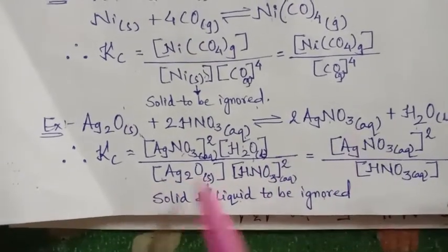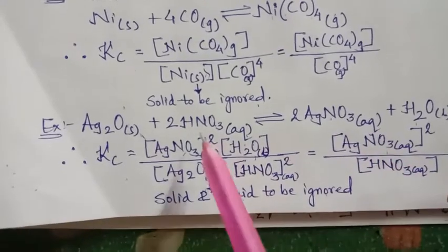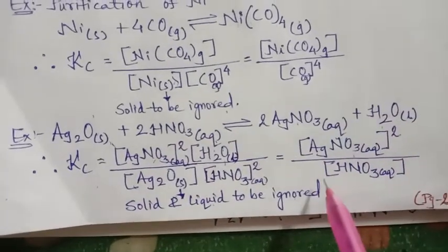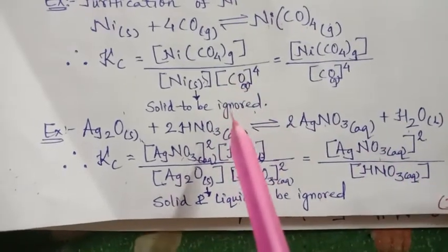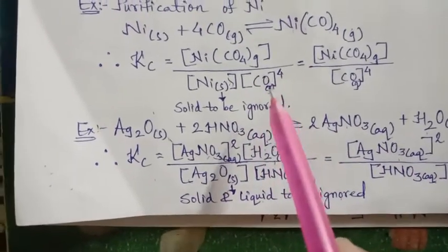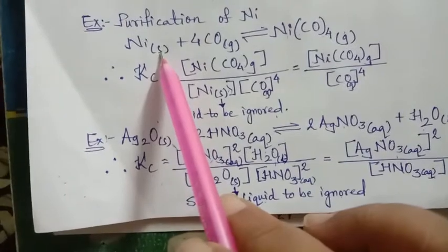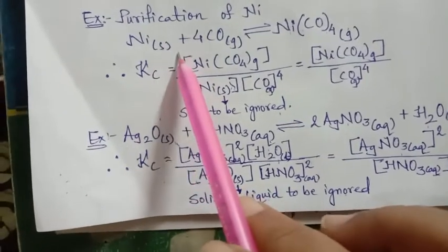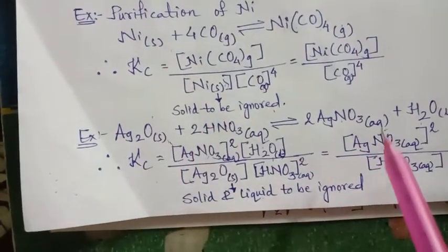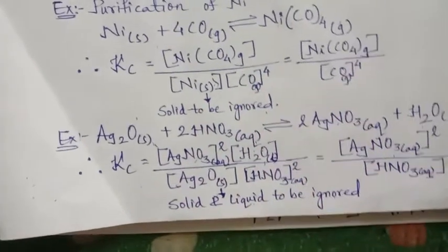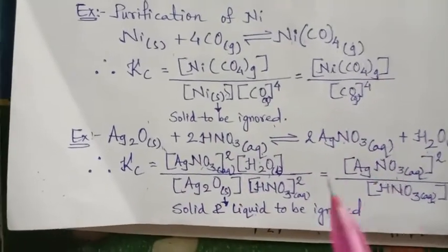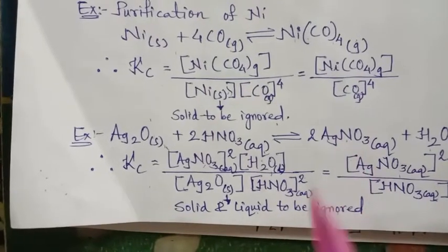So Kc will be AgNO3 raised to 2 divided by HNO3 raised to 2. So in numericals also when we are calculating, we have to keep this in our mind that when solid and liquid is there, their concentration is to be ignored, right? And only the concentration of gas and aqueous that is to be considered.